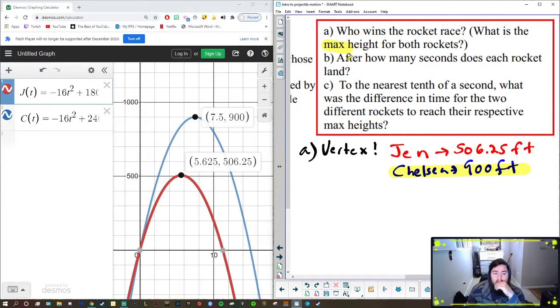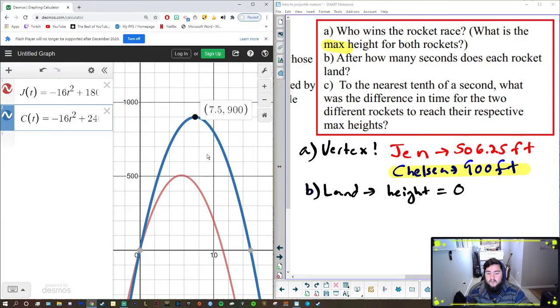Okay, part B. After how many seconds does each rocket land? So in order for the rocket to land, its height has to be 0. Okay, so if we go back over to Desmos, let's look at Jen.